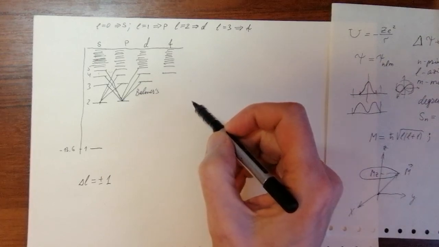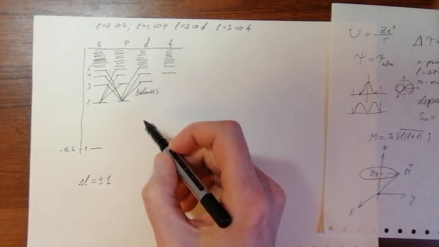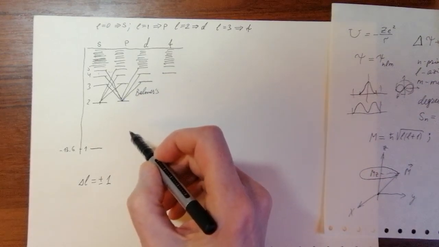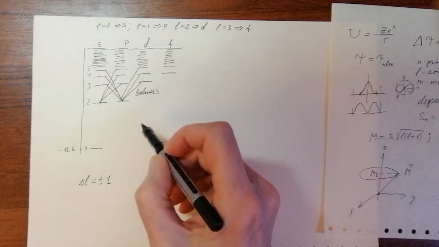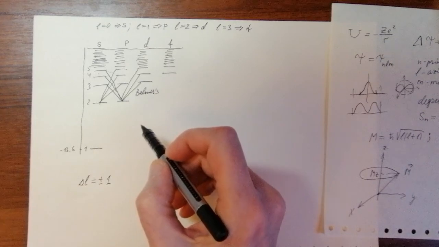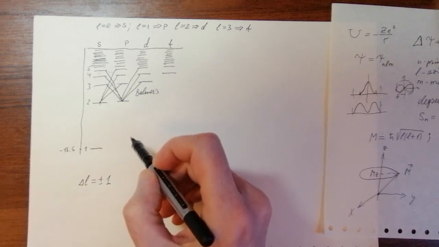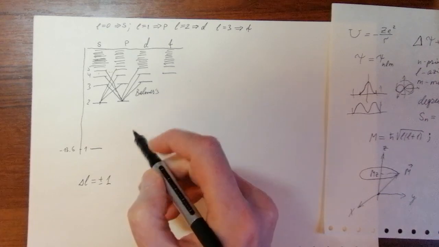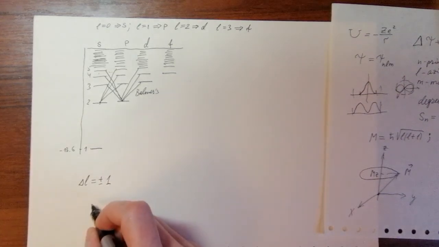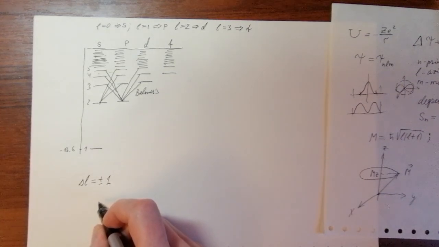It is also specific to quantum mechanics that particles, and a photon is also a particle, have intrinsic angular momentum, and this intrinsic angular momentum is called spin of a particle, and for a photon the spin is equal to 1ħ.